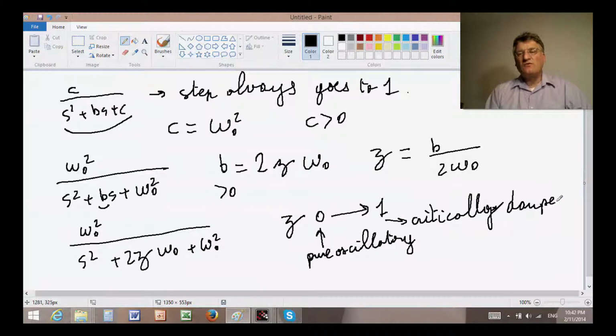What we have seen is this response where the system actually goes up to 1 but never exceeds 1. For that purpose, zeta is named the damping ratio.